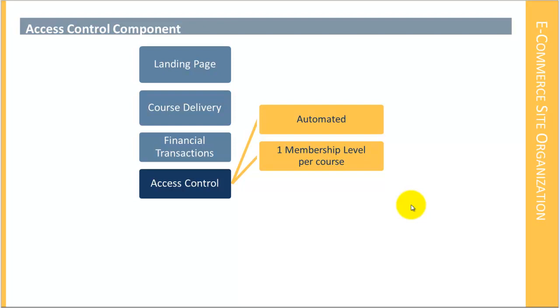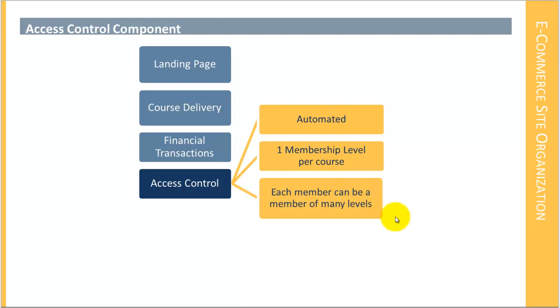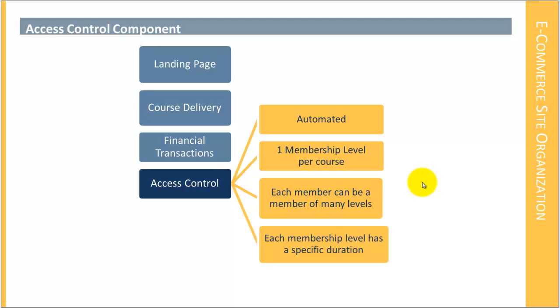So we need a system that will add membership levels to each member, so that if the person liked your first course, they can purchase your second course, and if they like your second course, they can purchase your third course. And we want each of those membership levels to have a specific duration. That is, each membership level will have 6 months in this case.